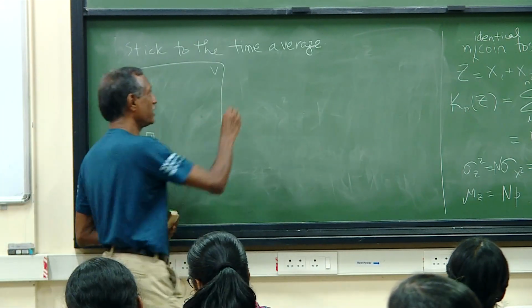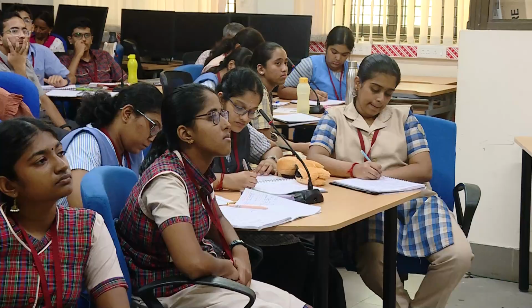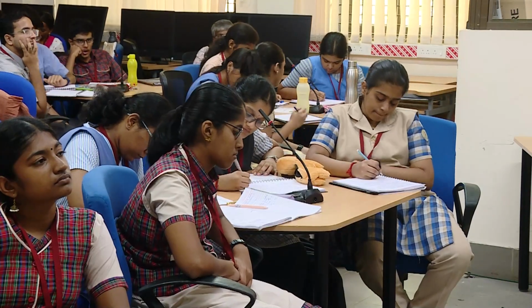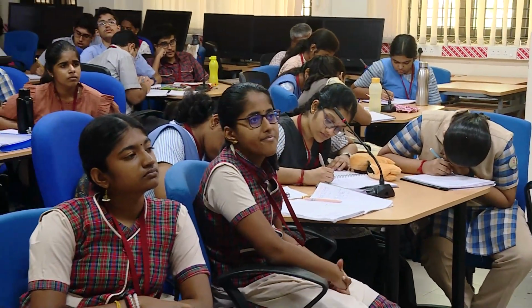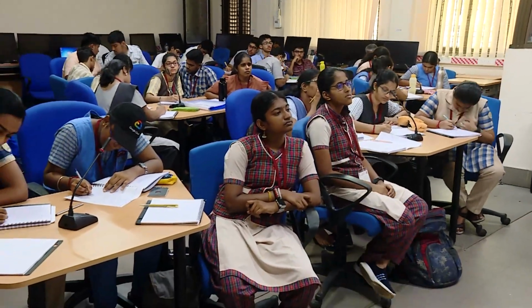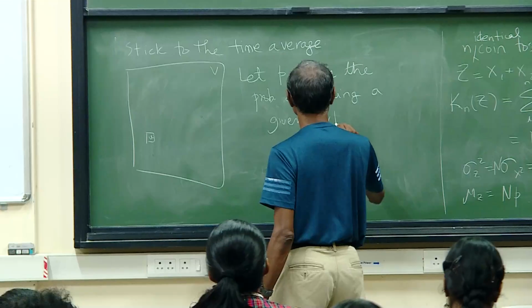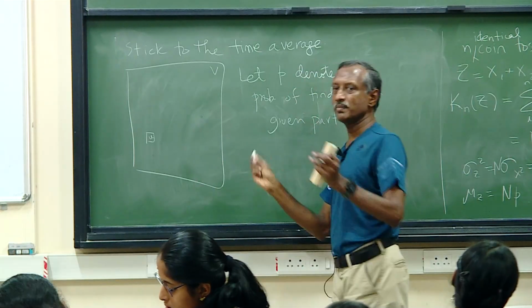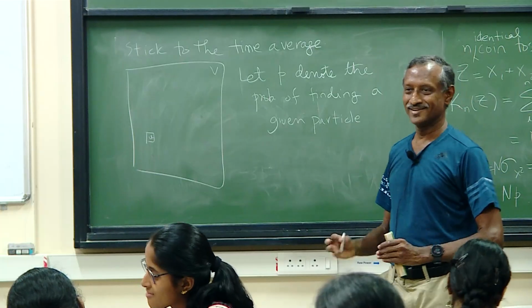Okay, so let little p denote the probability of finding a given particle in little v. So there are many particles, and of course we cannot name them like we name our cats and dogs.